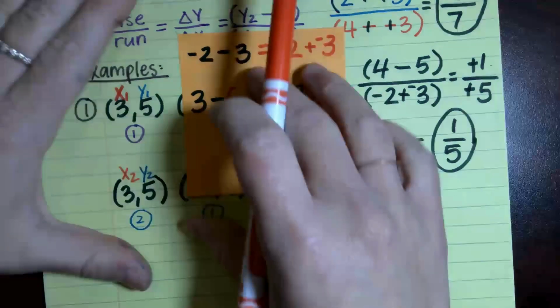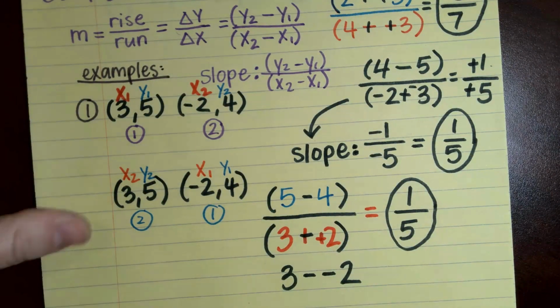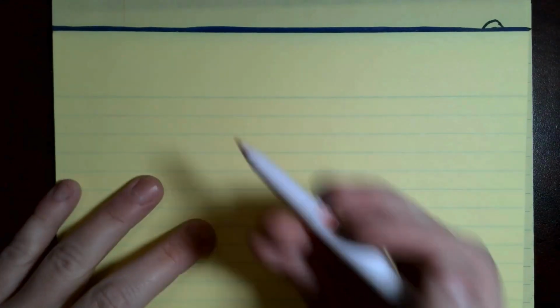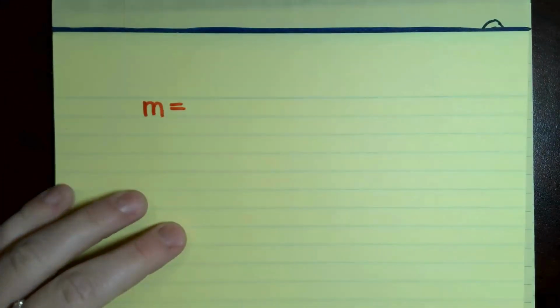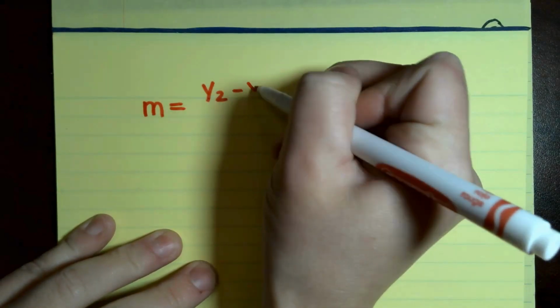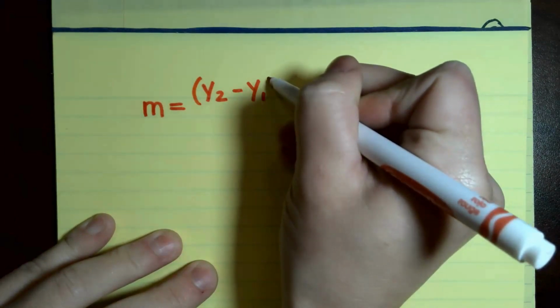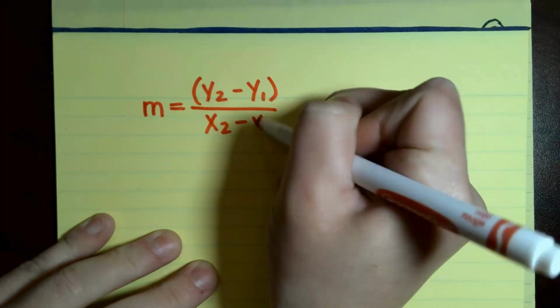Okay, good. Okay, guys, let's do a couple more practice problems like this. I'm going to, again, write the slope formula up here so we know m equals y2 minus y1 over x2 minus x1.